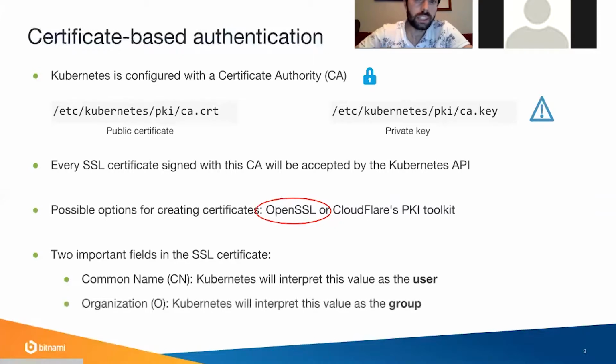And you have the organization, or a set of organizations, which Kubernetes will use as the groups, basically. So that's how it works. We have a certificate with a common name and organizations, and if it's signed by the cluster's own authority, Kubernetes will just take the common name and the organization and say, okay, this is user Javier, for example, Salmerón is my name, or user Wojciech, or user whatever.